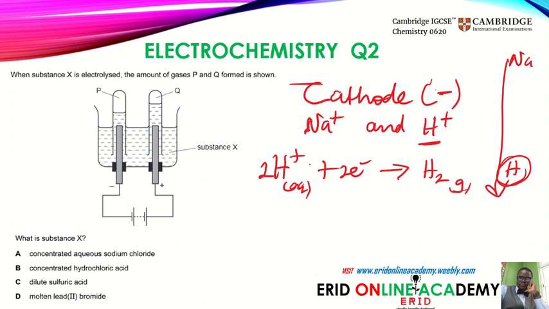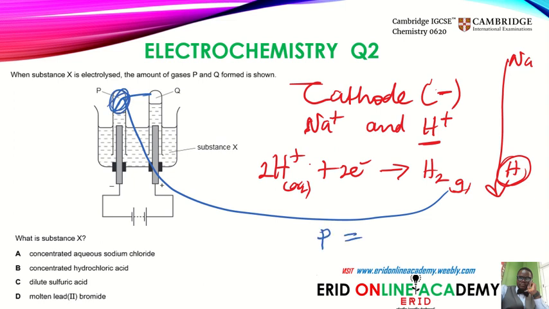Will be discharged. So if hydrogen is discharged at the electrode, definitely hydrogen will be formed at P. So we can say that P will be hydrogen gas.